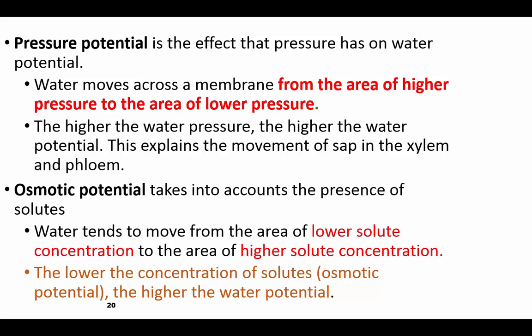So the water moves from an area of low solute concentration to an area of high solute concentration. So it's moving against, from low to high. So the lower the concentration of solutes, which is the osmotic potential, the higher the water potential. Inversely proportional.